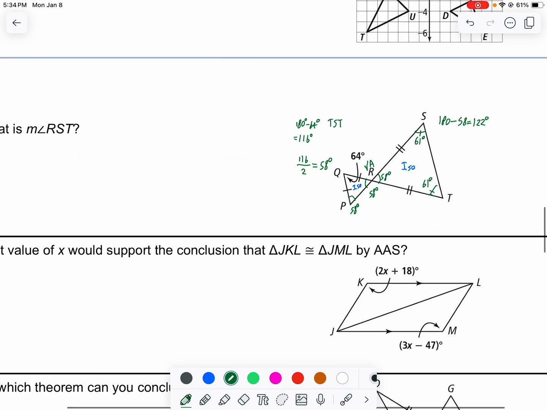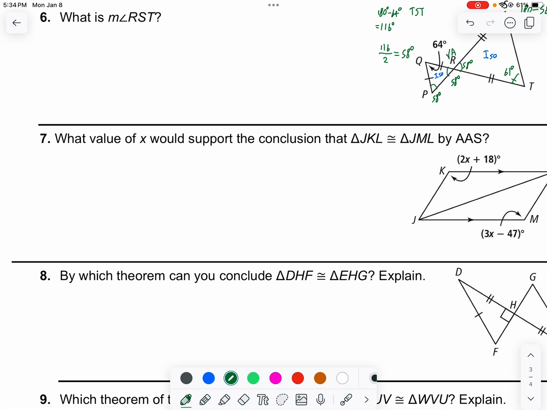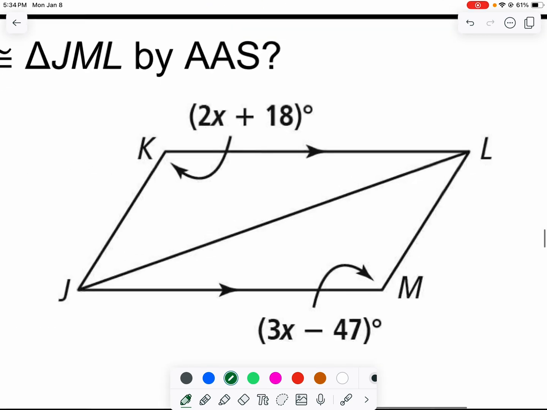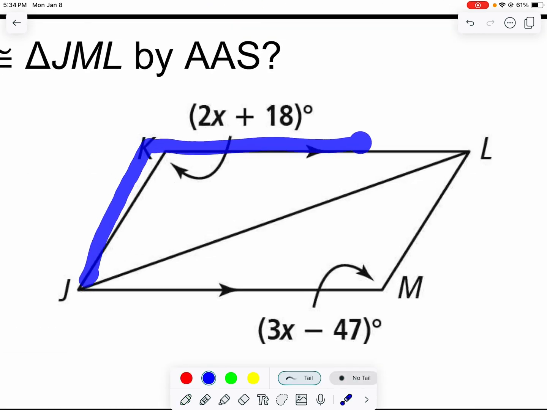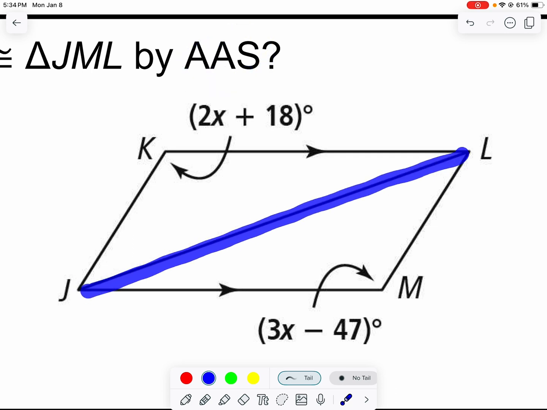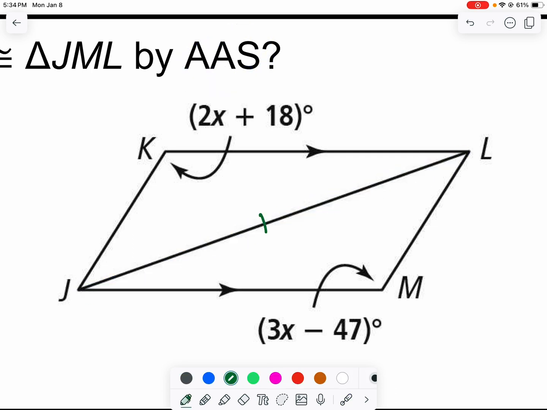All right, next problem. What value of x would support the conclusion that triangle JKL is congruent to triangle JML? Let's take a look. JKL and JML. Are those congruent by angle, angle, side? Well, we know they're congruent with one thing. They both have a congruent side, so I'm going to mark that.